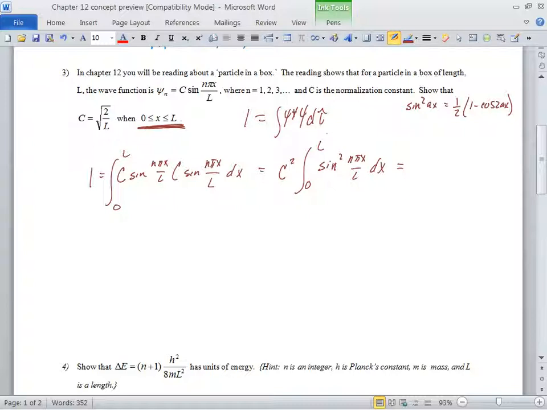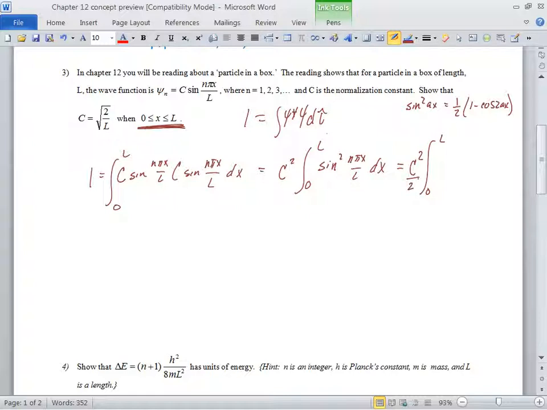So, Jeffrey, she helped you out. So how are you going to do this? What are you going to rewrite here? I'll write the C squared part for you. Then the integral 0 to L, 1/2. But let's pull out the half over here.